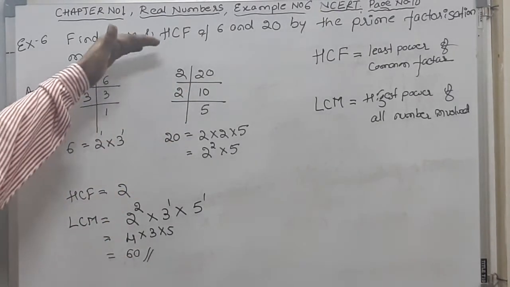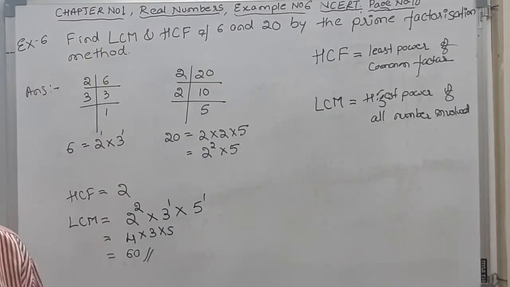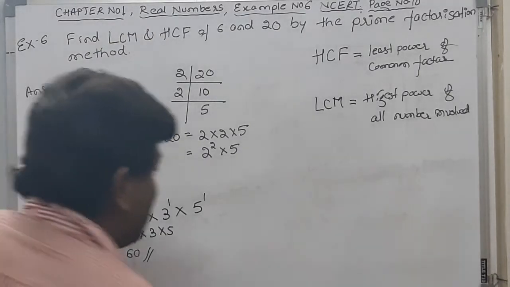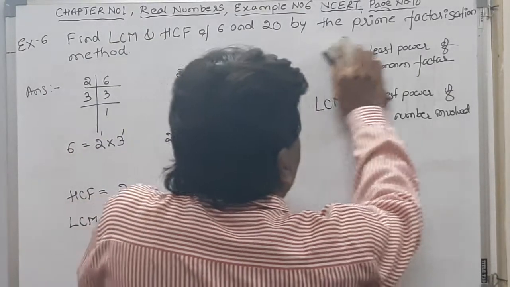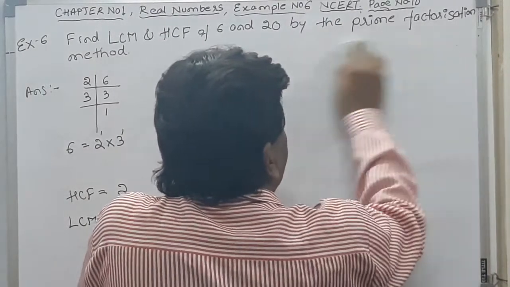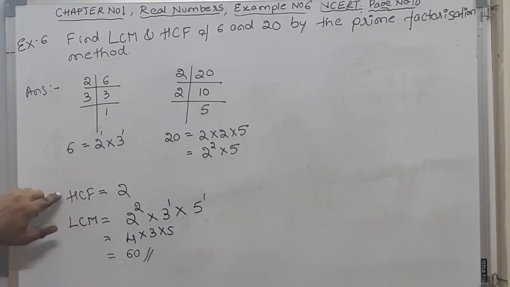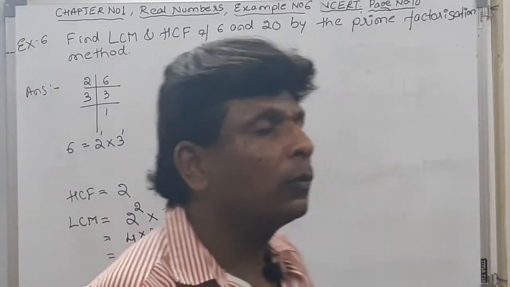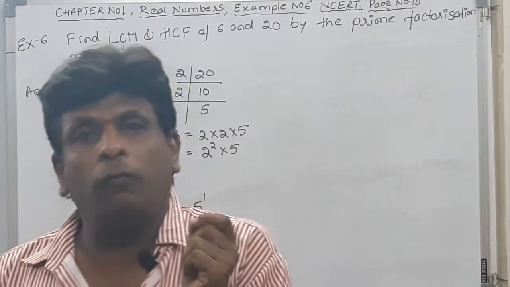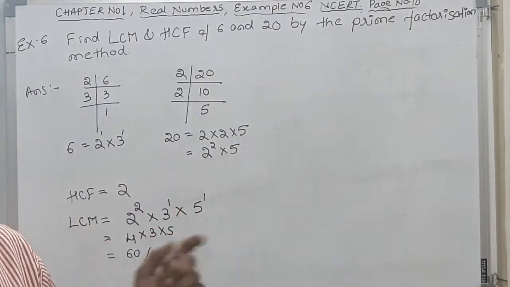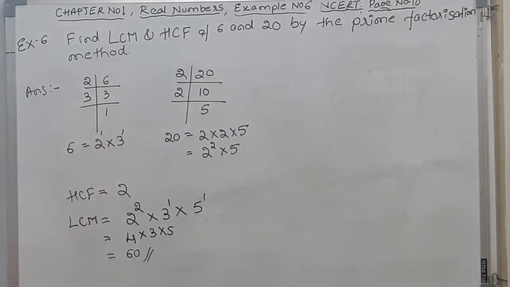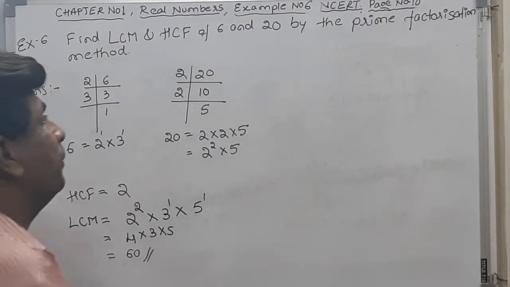Okay friends, this is the method to find the LCM and HCF. Now, when you consider HCF and LCM, there is one more formula based on them, which we are going to use in the next period.